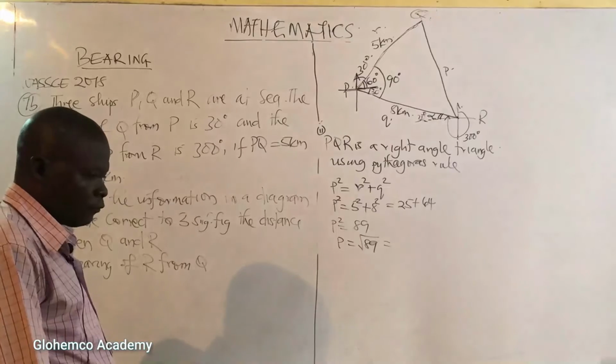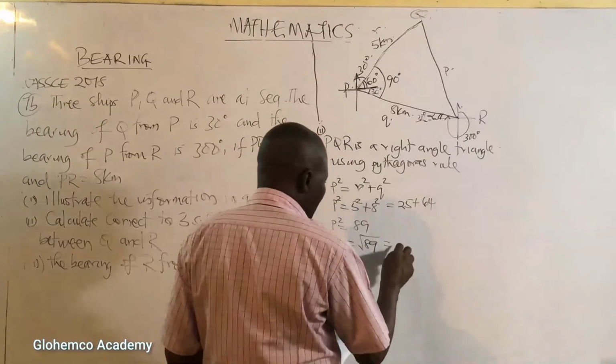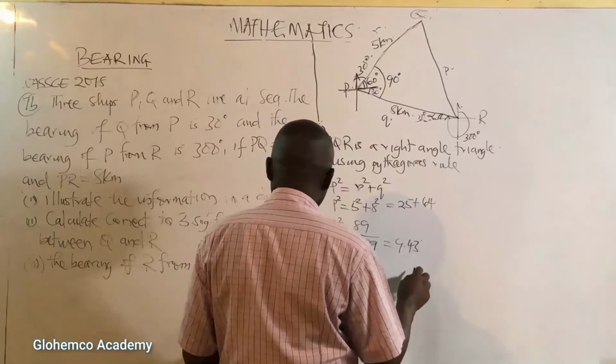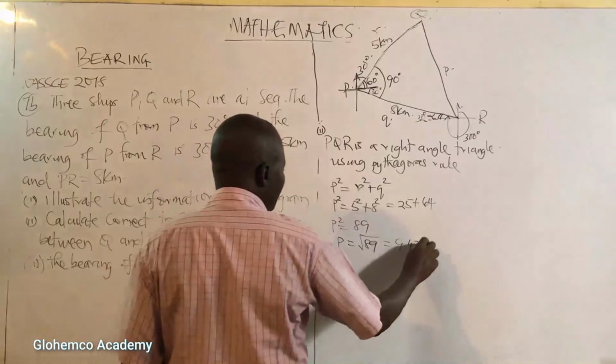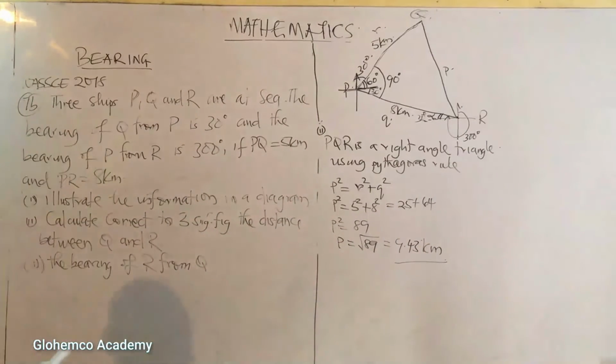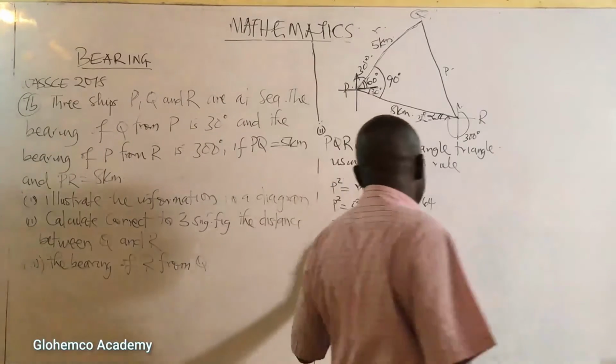We'll check this from our 4-figure table or from our calculator. The square root of 89 will give us 9.43 kilometers, to the three significant figures that you have to approximate to.